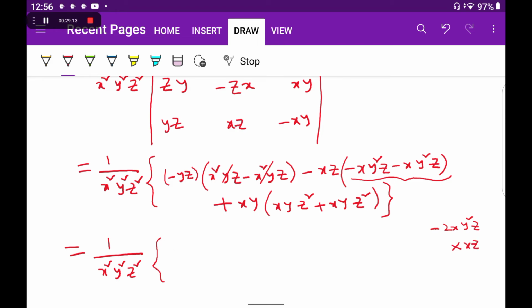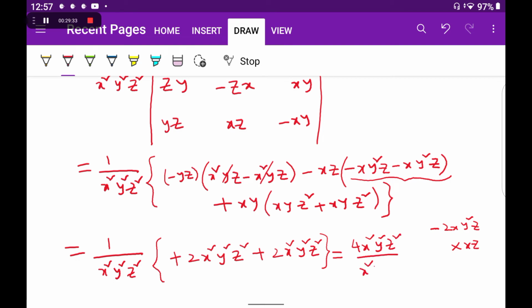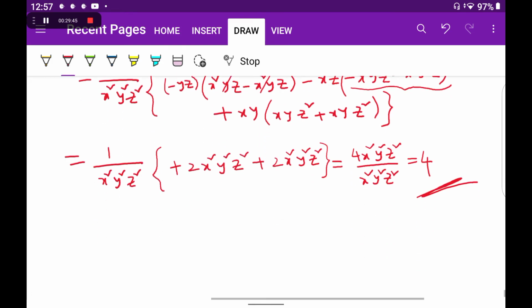So into minus xz, so it becomes plus 2x square y square z square plus 2x square y square z square, which is 4x square y square z square by x square y square z square, which is 4. Right? So that is the answer required.